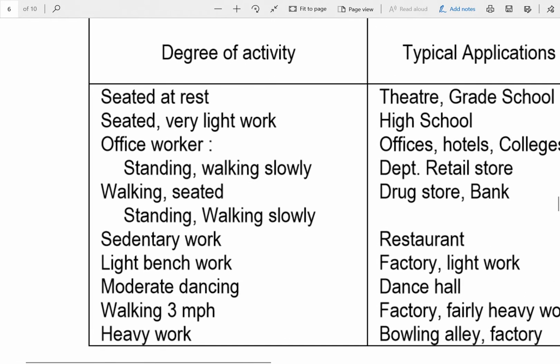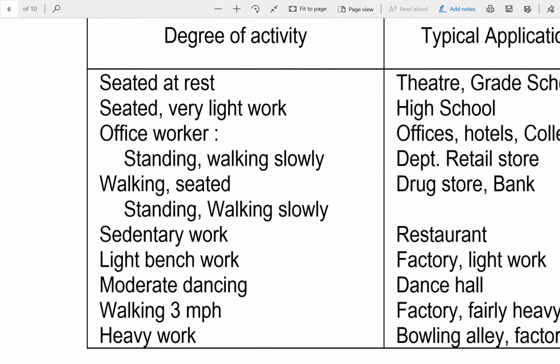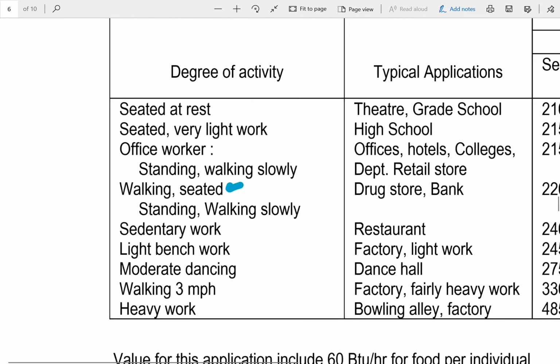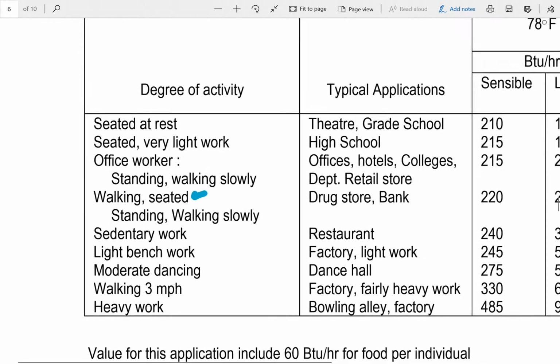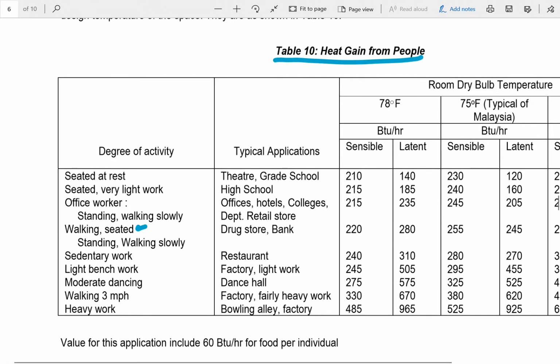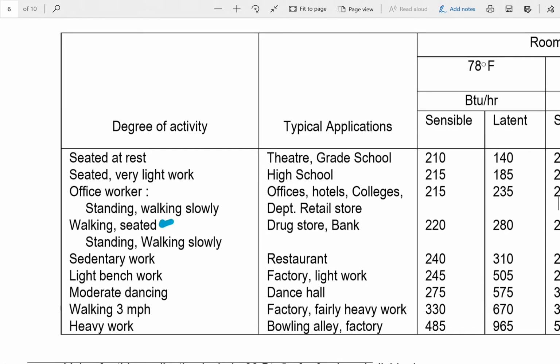In our building we have a general office, so we have to assume people are standing and walking, walking seated, or standing and walking slowly. That's how you decide which activity happens in the building.